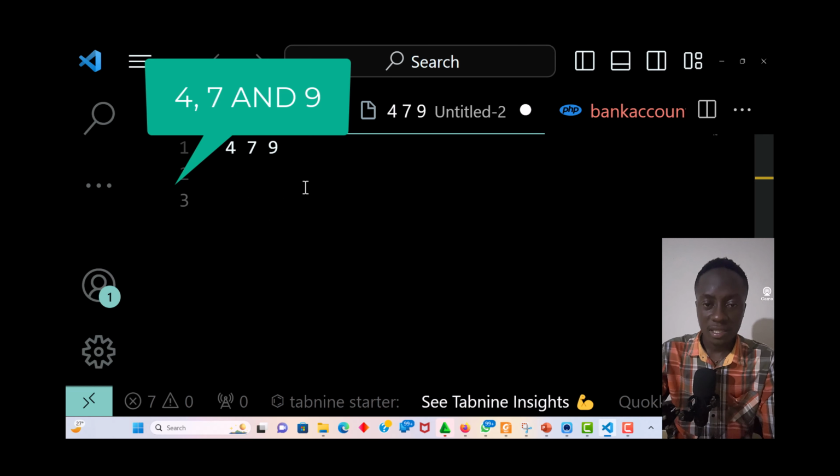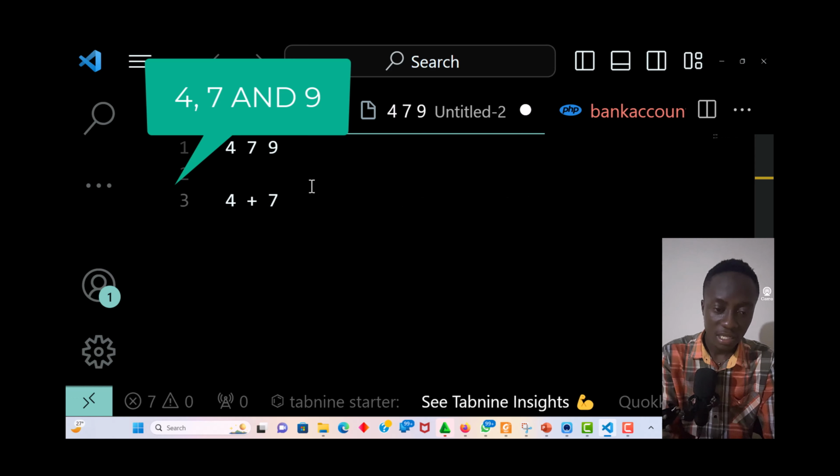For instance, the first student can say, let's add 4 plus 7, and we get 11. Then we say the sum, then plus 9, then we get 20.